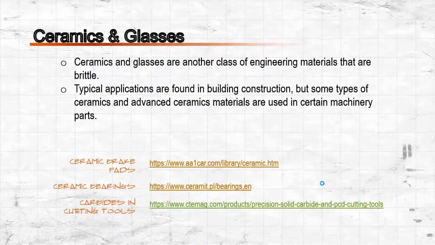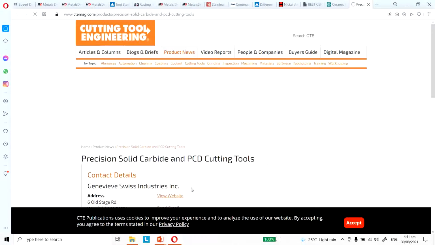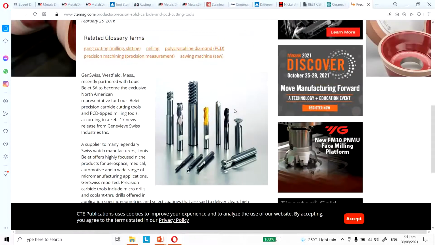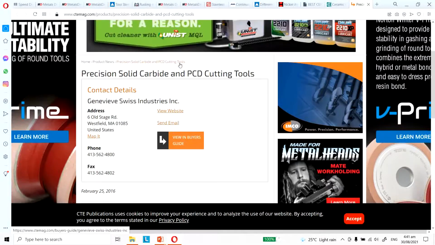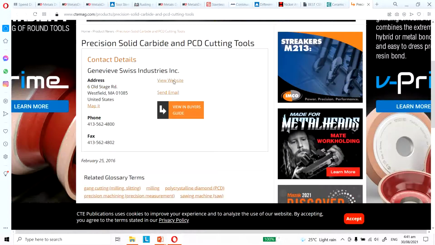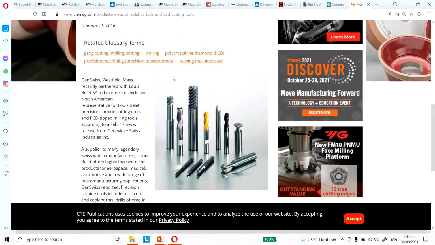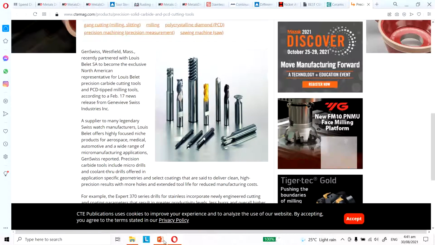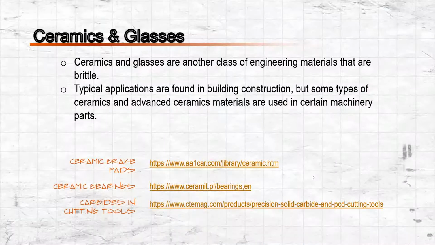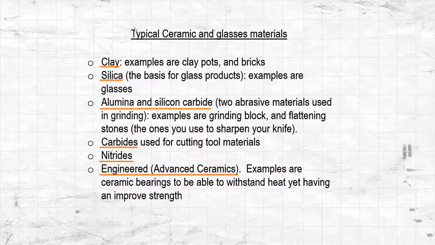Another one is the carbides in cutting tools. So we have precision solid carbides in cutting tools. Right here in our presentation, there are typical ceramic and glass materials.